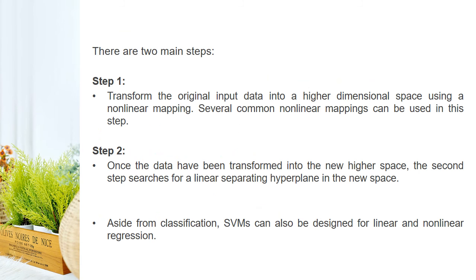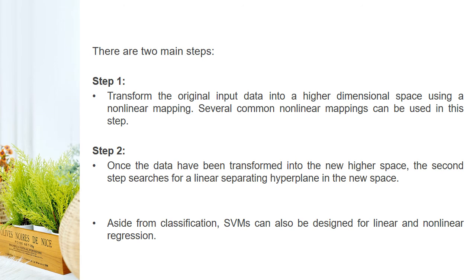There are mainly two steps. In the first step, we transform the original input data into a higher dimensional space using a non-linear mapping. Several common non-linear mappings can be used in this step.